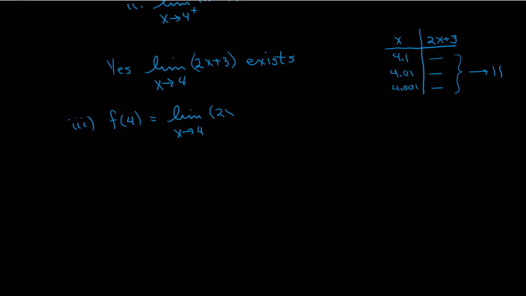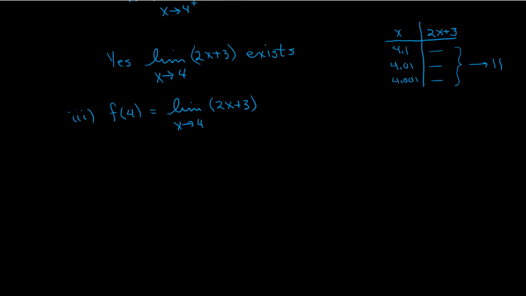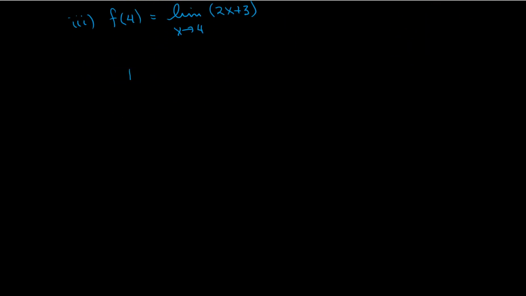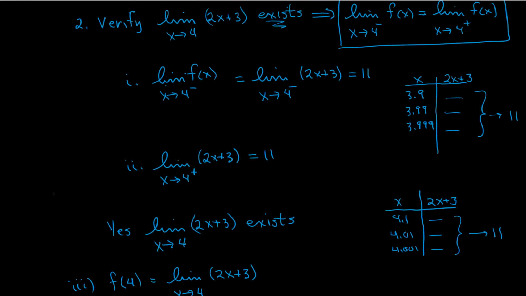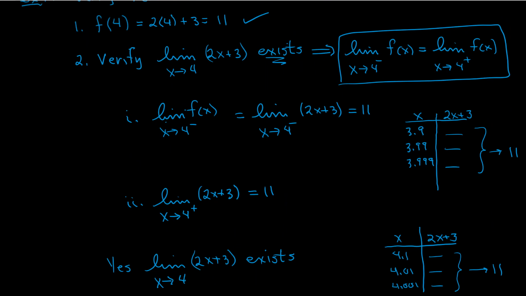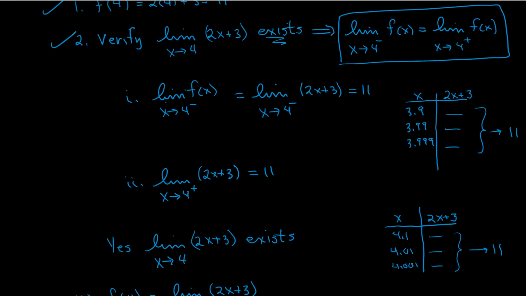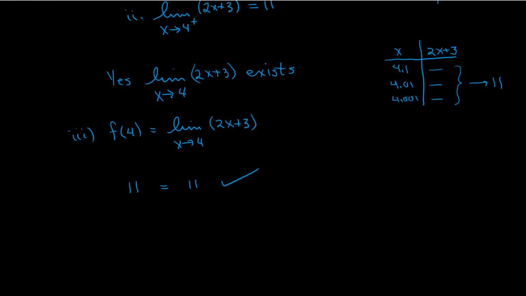Well, as we've proved in the two steps above, the function is 11 and the limit is 11. So we have all three requirements listed and verified to demonstrate that this function truly is continuous at x equals 4.